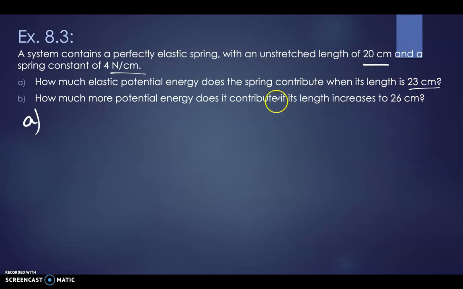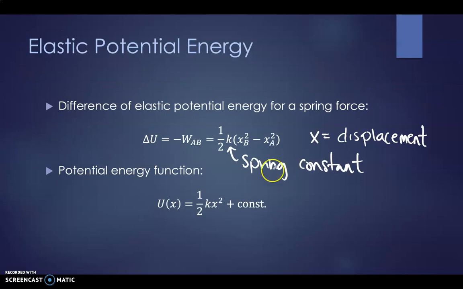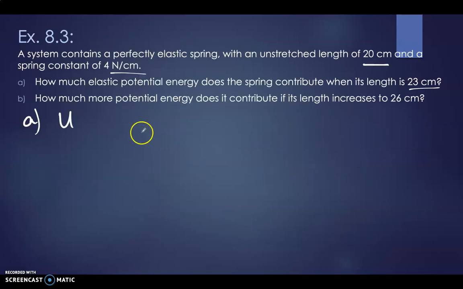So U is going to be U of x, where x is again displacement. So we have U of x equal to 1/2 kx squared, and x is the displacement.